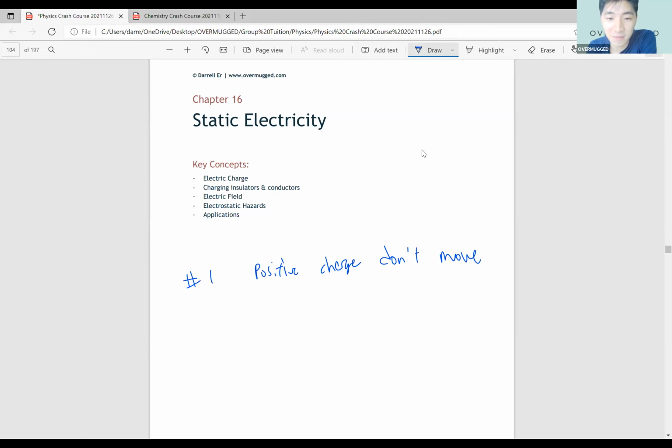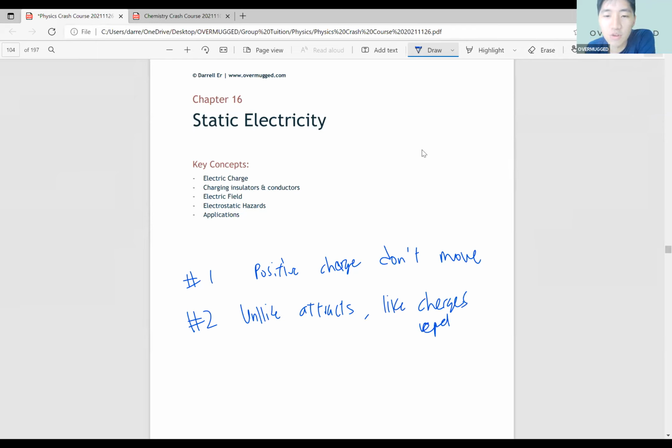So when you go back to your school or your school is teaching, just remember to remind yourself that the positive charge never, ever, ever moves. If anything moves, it is the negative charge, aka the electron. The number 2 thing that you need to learn is that unlike charges attract. Like charges repel. That's all.